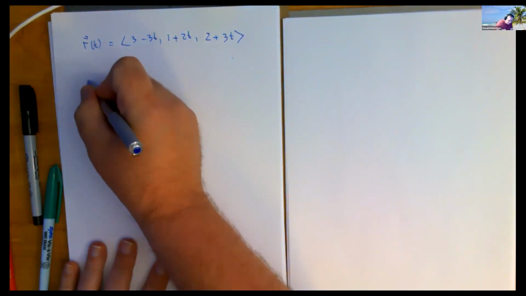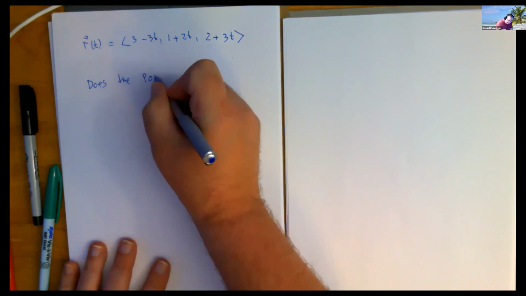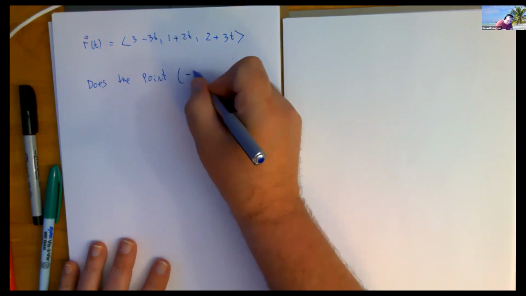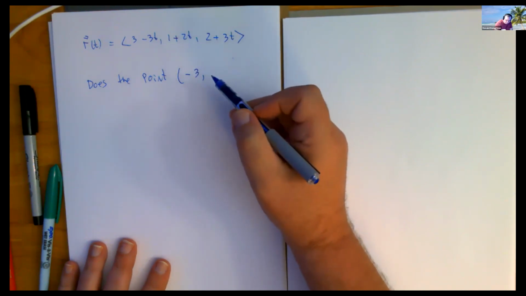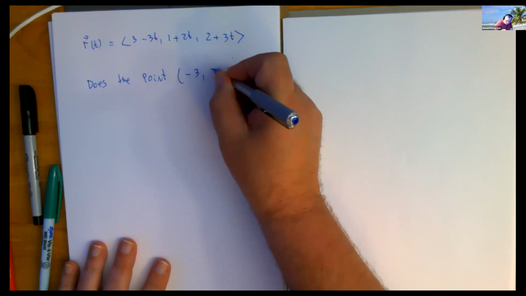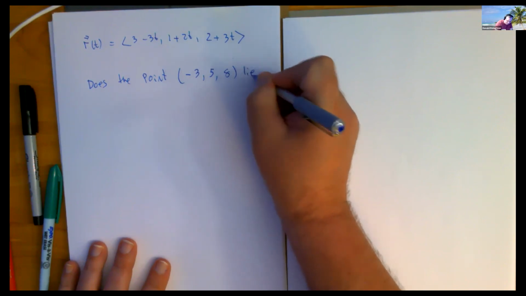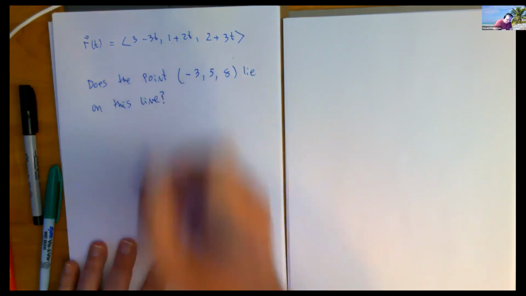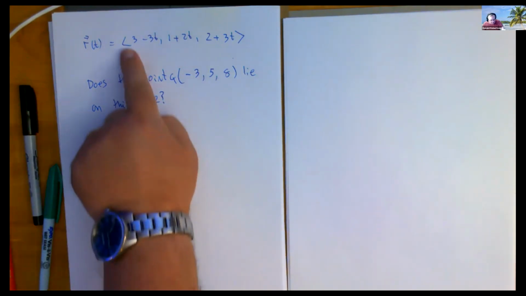And I ask you this question. Does this particular point, I'll call it Q, with coordinates -3, 5, and 8, does it lie on this line?